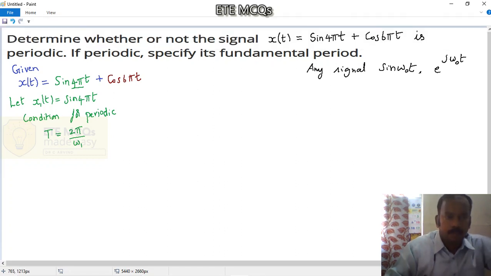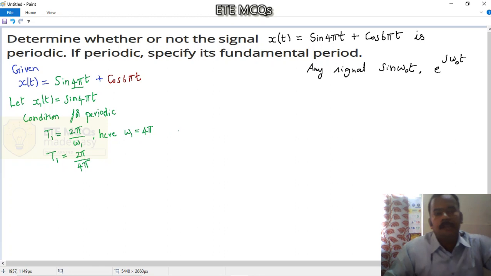When you apply it over here, in this case we have omega 1. From this problem we can say that here omega 1 is equal to 4 pi. So let me call it as T1 instead of T. So what is T1? T1 is equal to 2 pi divided by 4 pi.